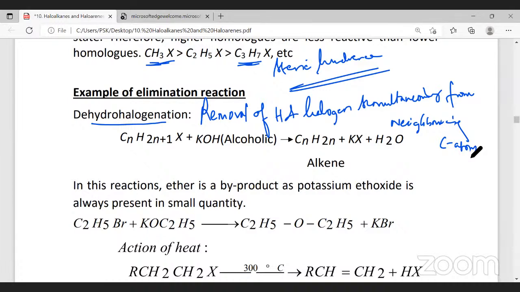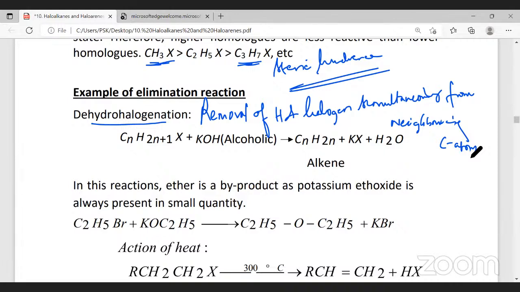So we cannot remove a hydrogen and halogen from the same carbon atom. Hydrogen and halogen will be removed from the neighboring carbon atoms. So dehydrohalogenation means removal of hydrogen and halogen simultaneously from the neighboring carbon atoms.